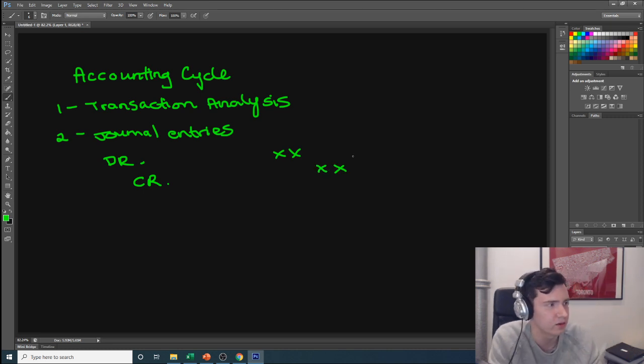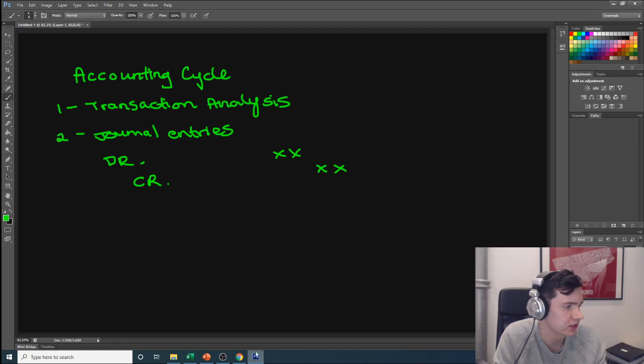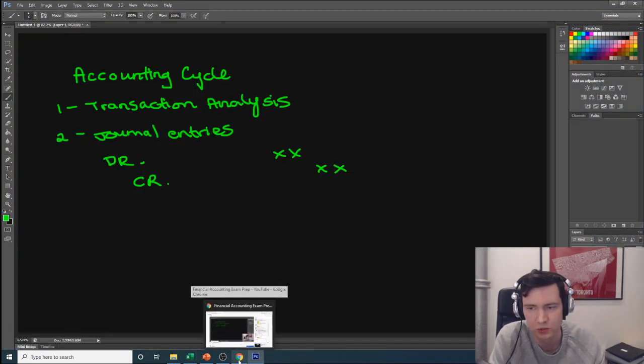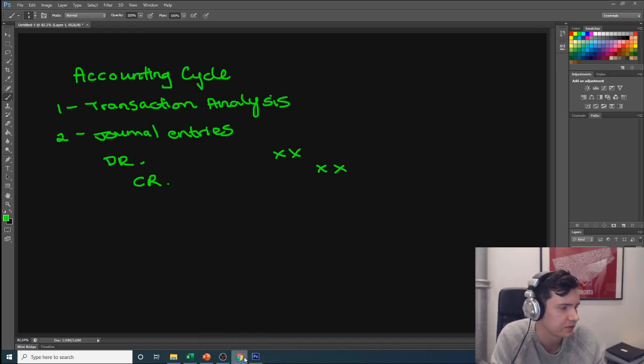That way, when we compile and summarize all these accounts and have a trial balance, we'll be sure to have a balanced statement between debits and credits. So journal entries are the way for us to record what's going on in a transaction or economic event.